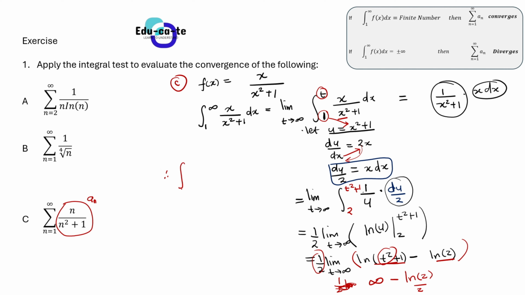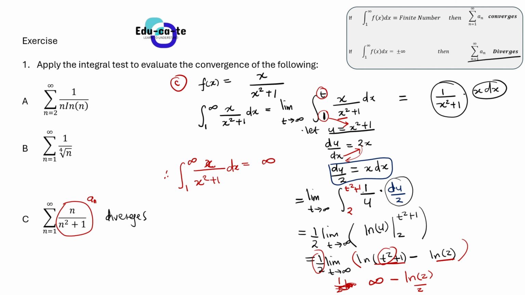Therefore, the integral from 1 to infinity of x over x squared plus 1 dx is equal to infinity. So when the integral is equal to infinity, you can say that this sum is a divergent sum.